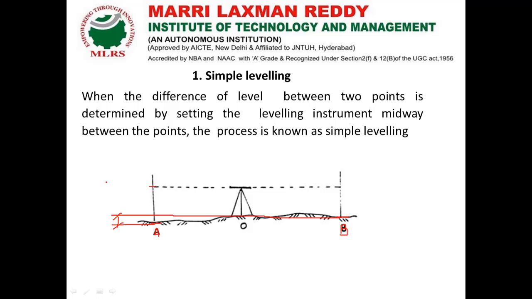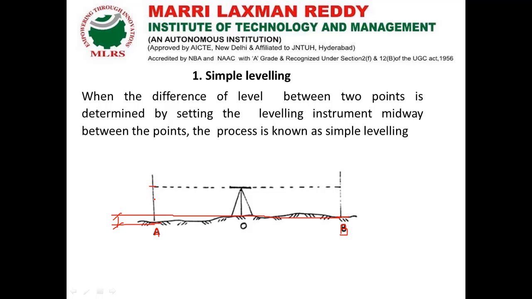So 5 mm means we have alternate black and white bands, and each black and white band has a height of 5 mm, so that our least count of the leveling process is 5 mm. After leveling this, we have to read this reading.